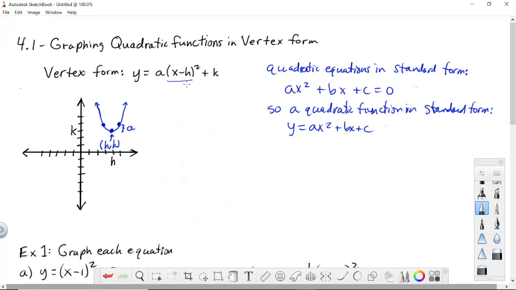So when that happens, you'll have x minus h times x minus h, and then there's a plus k. We're not going to do it, but you would FOIL that, and when you did, you would get x times x.